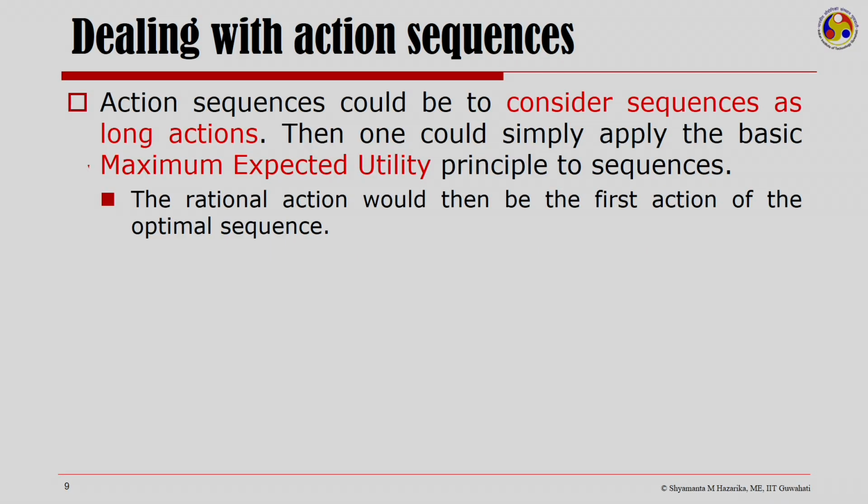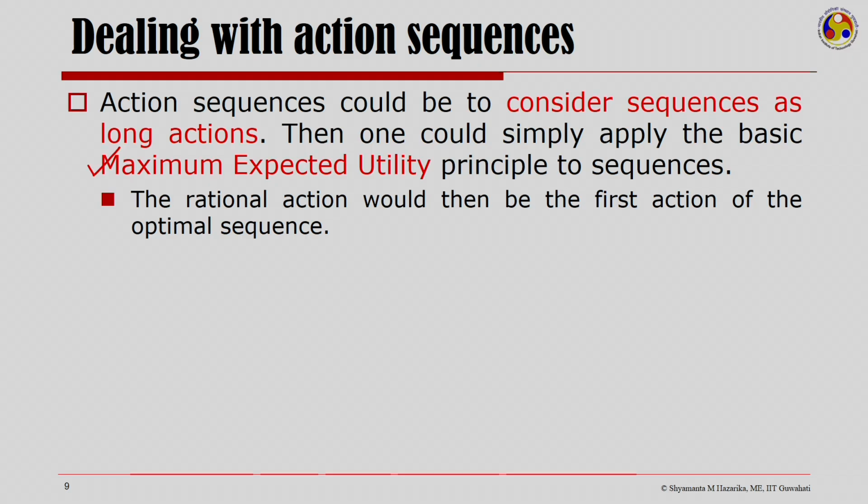After we have looked at the rewards, we can now deal with action sequences. So, we can look at action sequences as long actions themselves. Then we could apply the basic maximum expected utility principle to the complete sequence. And the rational action would then be the first action of the optimal sequence.